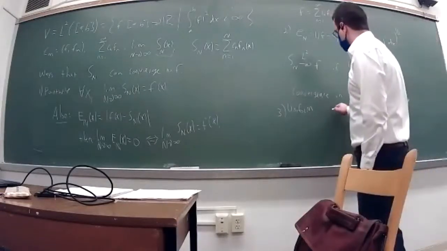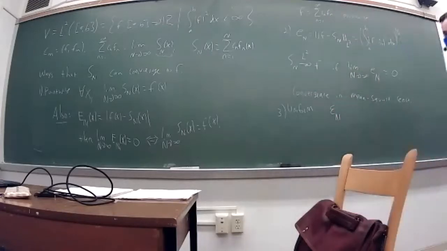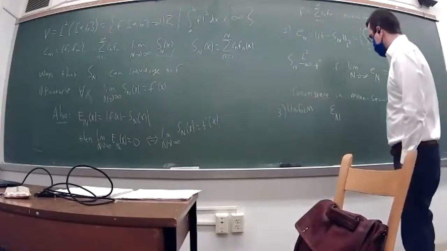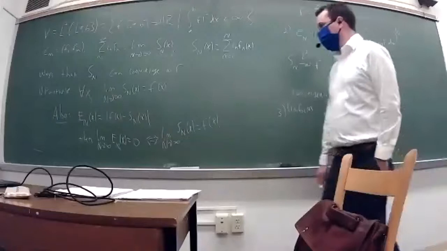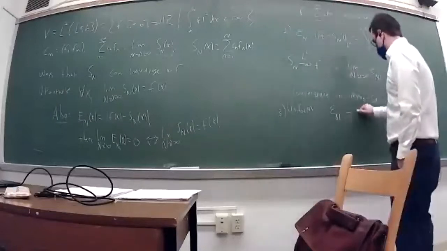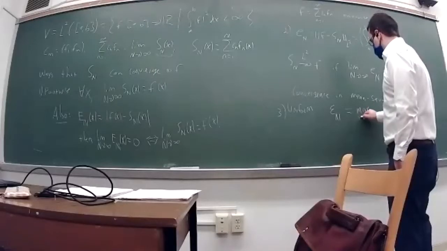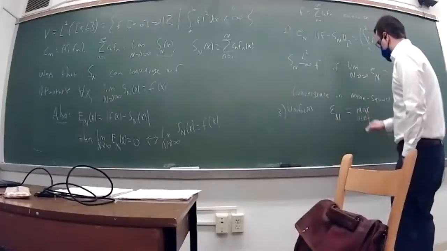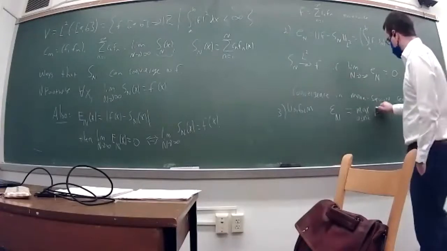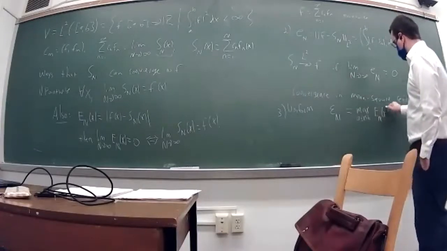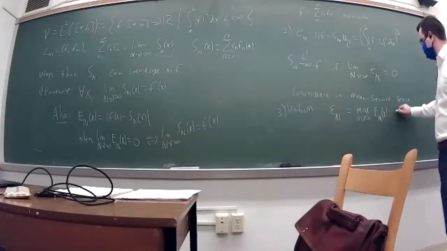And so what you do here, we'll call this error epsilon. What you do is you take the maximum over all x between a and b of the usual error, or the pointwise error.